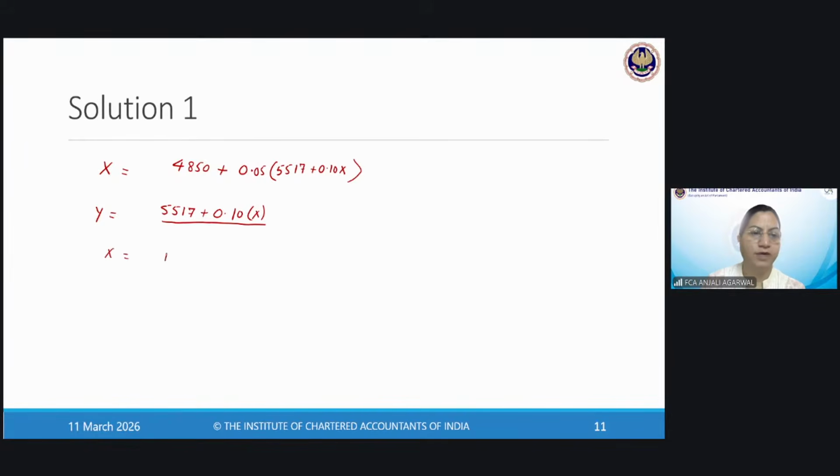So X becomes 4850 plus 5% of 5517, which is 275.85, 276, plus 0.005 X. So once again, 0.995X is equal to 5125.85, 5126, and therefore X is equal to 5126 divided by 0.995, which is 5152.